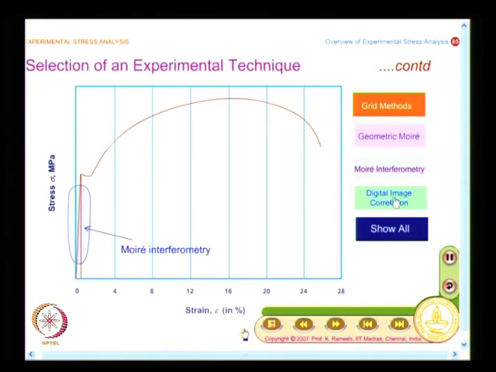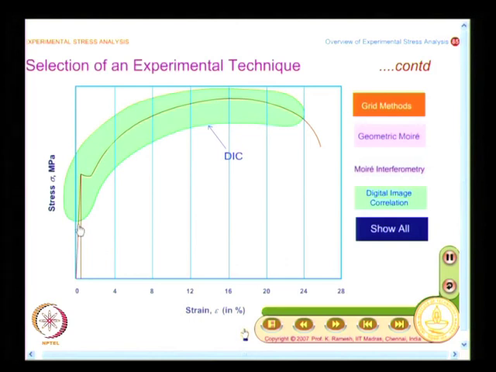And when I come to digital image correlation, I can go from this to this, and I have already said that this can be brought down by improvement in technology. Researchers are working across the world, and they are bringing this down as close to 0 as possible. Their claim is now about 50 microstrain, and it is only a question of time before they improve the technique further.